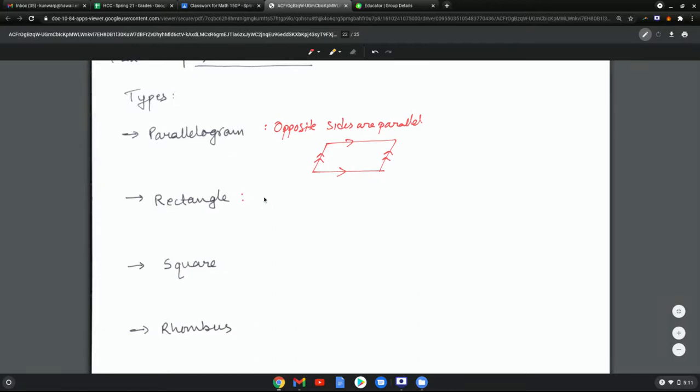Now, rectangle is a parallelogram with angle equal 90 degrees. So what you do is you take the parallelogram and then you straighten it up so that all angles are 90, which means that these are parallel still. Square is a rectangle with all sides equal.